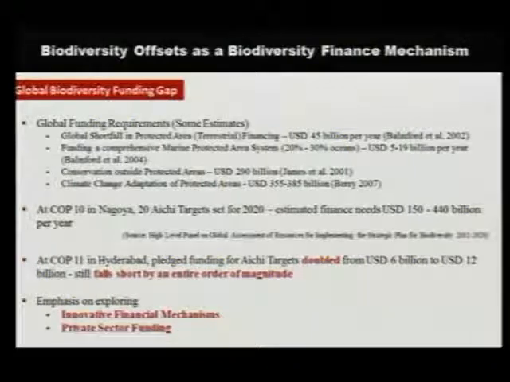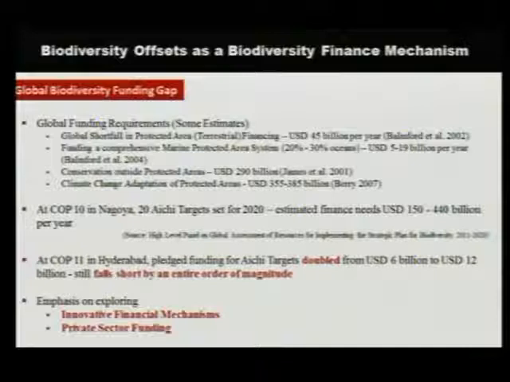As you all are aware, at COP10 in Nagoya, 20 Aichi targets were set for 2020, and the estimated finance for those targets was, as we talked about in the previous session, 150 to 440 billion. Mr. Hem Pandey mentioned this figure. Now, how much of this funding has already been pledged?